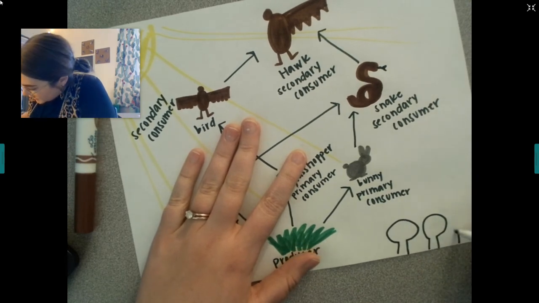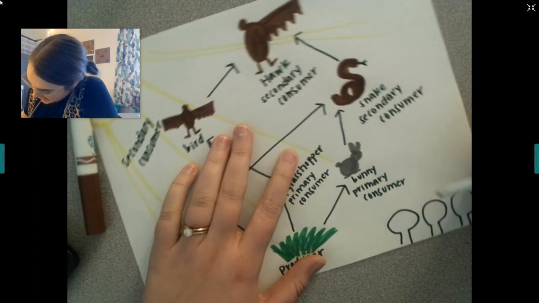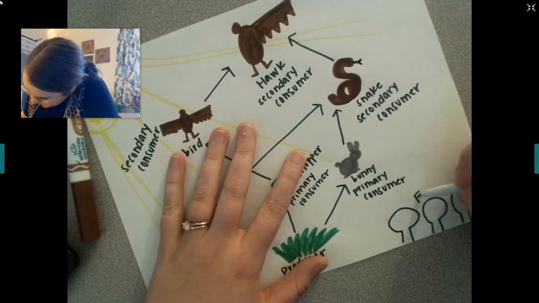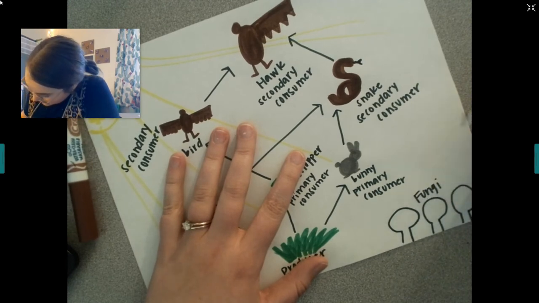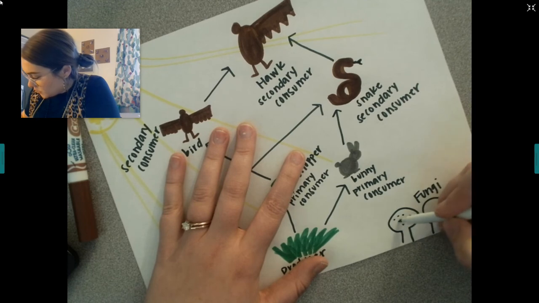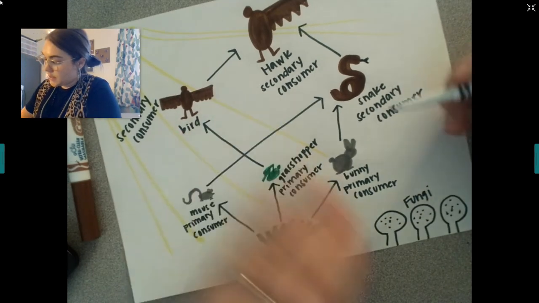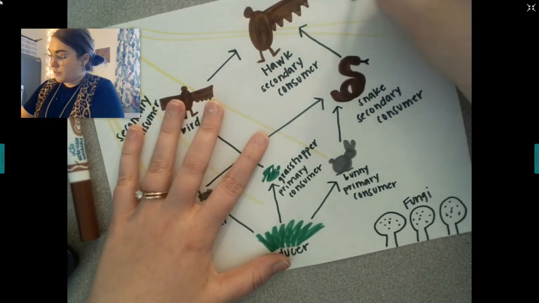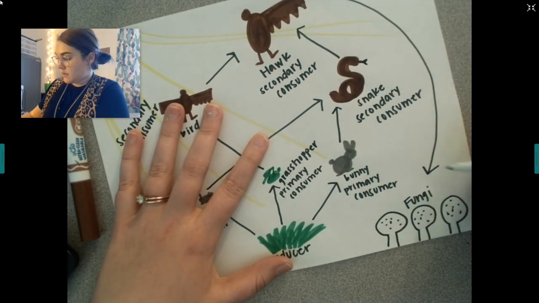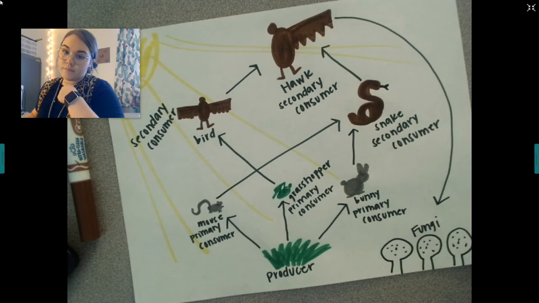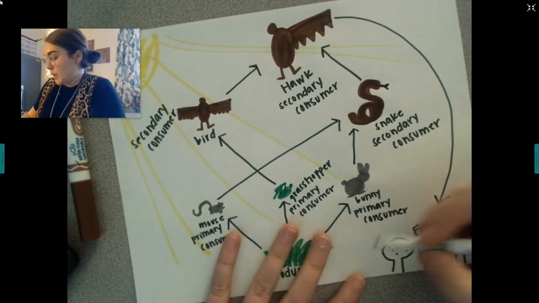And eventually, all of these things, I'm just going to put fungi. Mushrooms are decomposers. So all of these things will eventually die. Well, the hawk will for sure, and be decomposed.